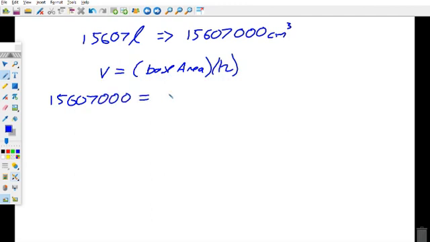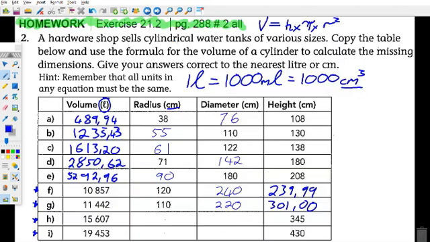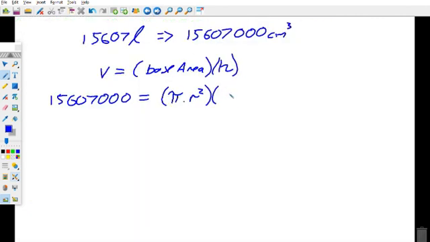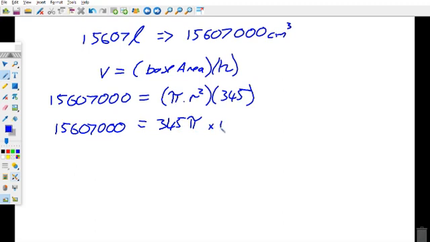So we have 15607000 is equal to my base area, pi times my radius squared. That's the radius, what we're looking for, multiplied by my height, and my height being 345. So we can solve that now. Multiply out the brackets, it is equal to 345 pi multiplied by r squared.